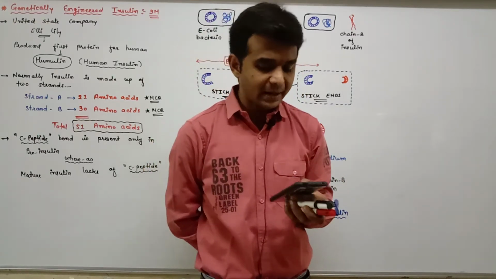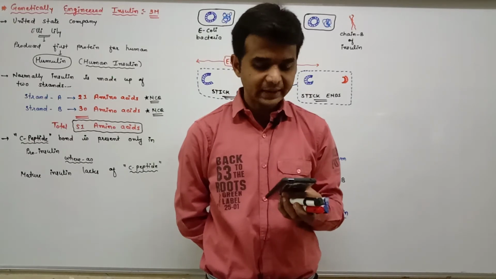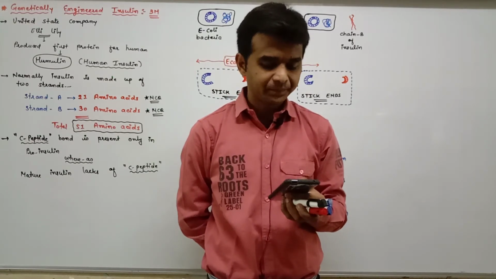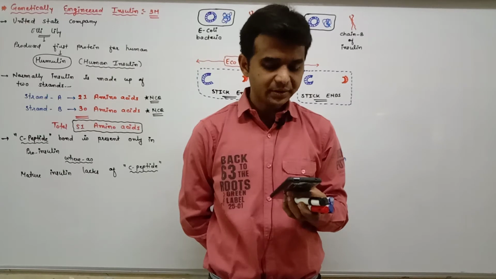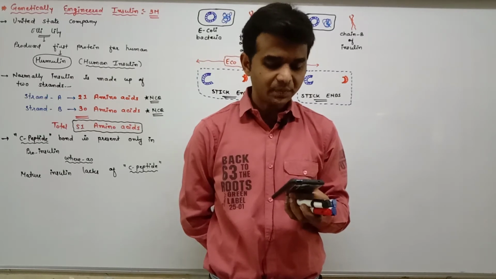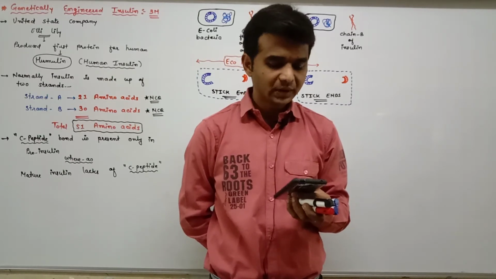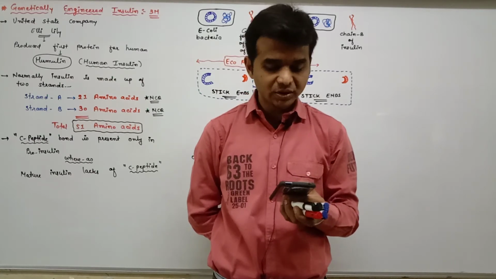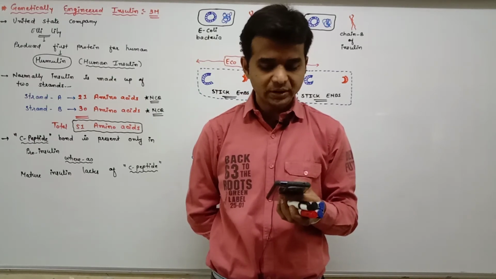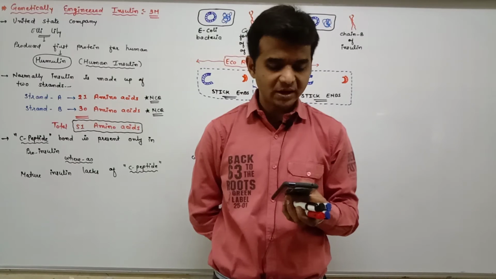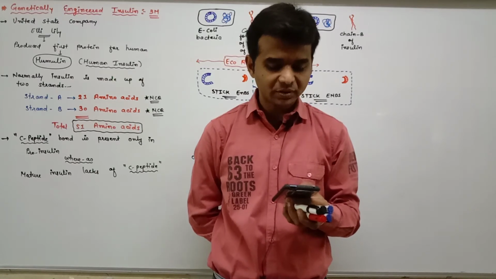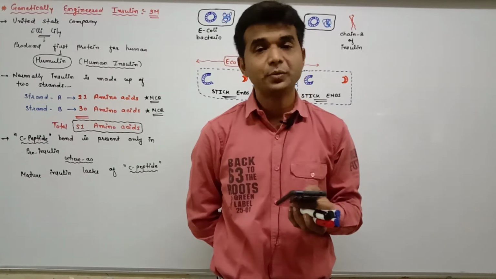Insulin used for diabetes was earlier extracted from the pancreas of slaughtered cattle or pigs. Insulin from an animal source, though, caused some patients to develop allergy or other types of reactions to the foreign protein.